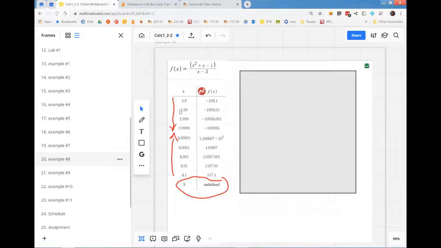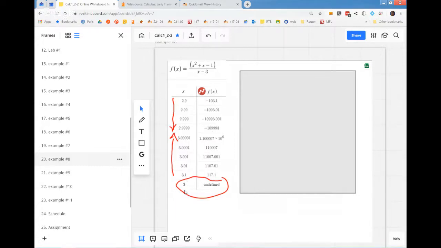I did the from-the-left side, 2.9, so from less than 3, we're getting closer to 3. And look what we get: negative 109,993. So a huge negative number.